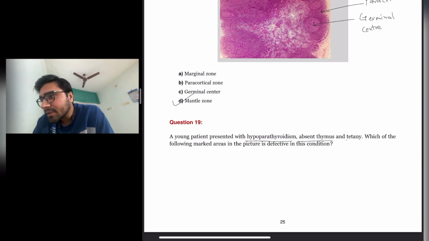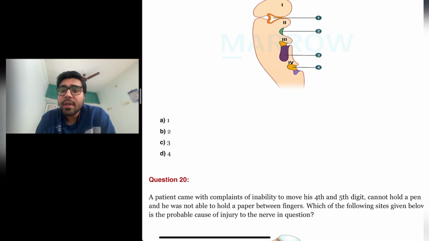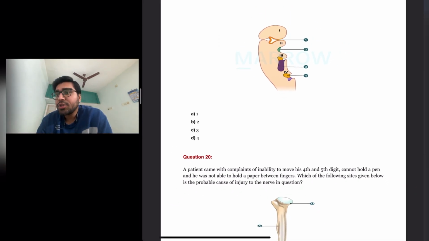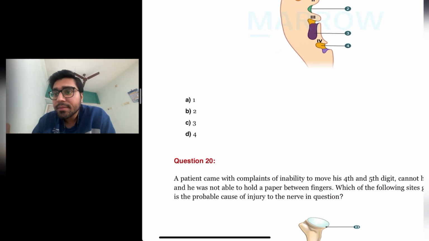Hypothyroidism, absent thymus, and tetany. So the inferior parathyroid develops from the third pharyngeal pouch, as well as the thymus is a derivative of the third pharyngeal pouch. So the actual answer to this question is C, that is the third pharyngeal pouch.